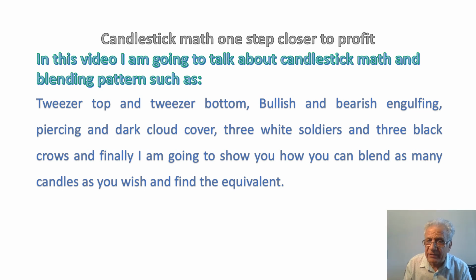Using candlestick patterns has always been complicated and cumbersome for traders, but candlestick blending will give you the tool to overcome this complication and suggest an easy method to understand the market and price action.